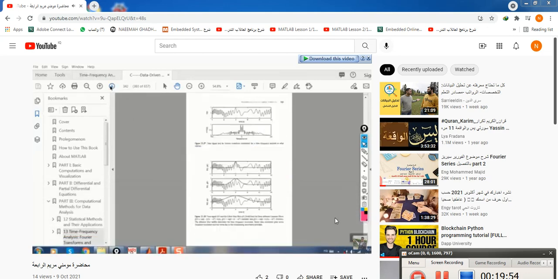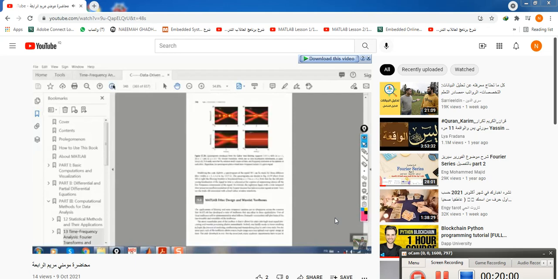Here again spectrogram. There are some codes. I will run it. Just wait a little. And if you consider the Gabor, this window could be different.